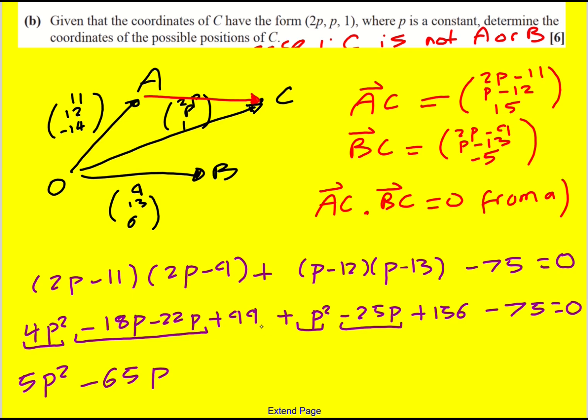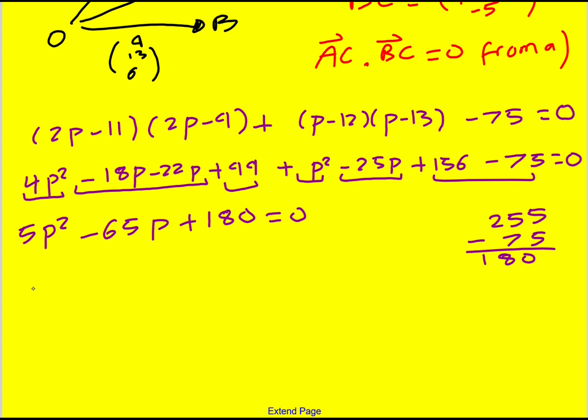Then 99 plus 156 will give me 255. So if I minus 75 from that, I'm going to get 180. Divide through by 5.